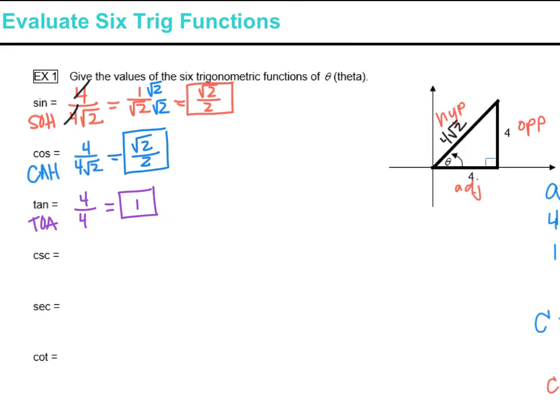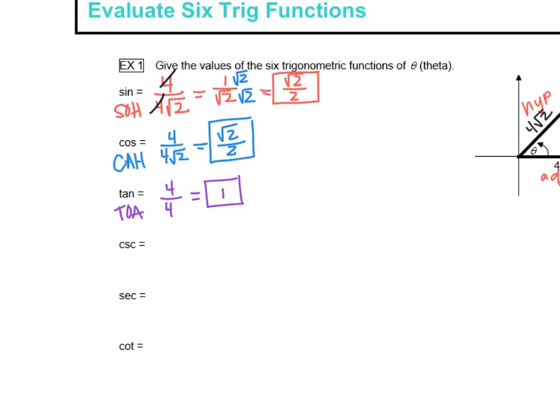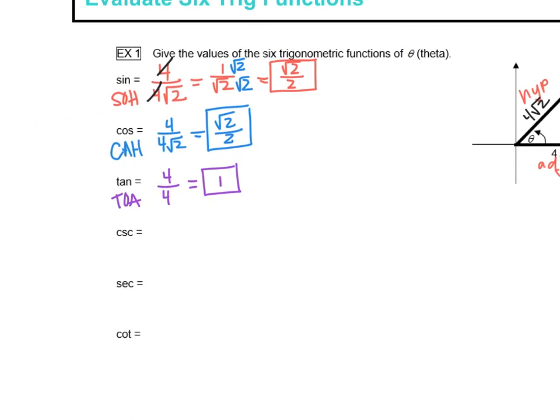That's geometry. So we're going to talk about the reciprocal functions, cosecant, secant, and cotangent. So what we're going to remember is that sine and cosecant are reciprocals of each other, so those go together. So what I do is I take my sine of theta and I flip it.